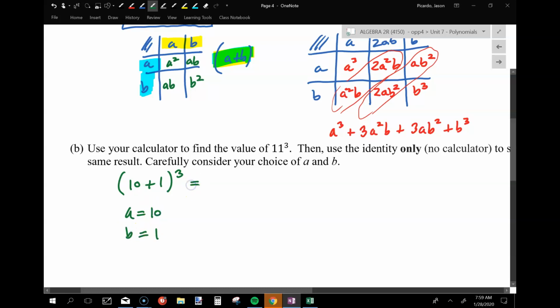And so according to this identity, if I cube the a and add it to 3 times the a squared times the b, and 3 times the a b squared, and add the b cubed.